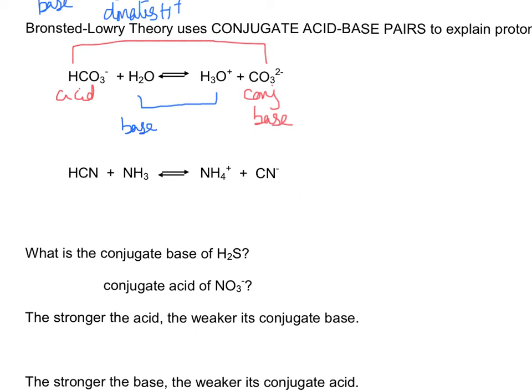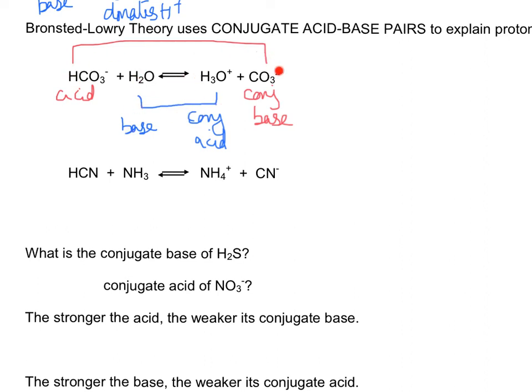And so the one that looks like it, except it has an extra proton, this is called the conjugate acid. So we say that these two are a pair. Acid has a conjugate base, and then these two are a pair. The base has a conjugate acid.